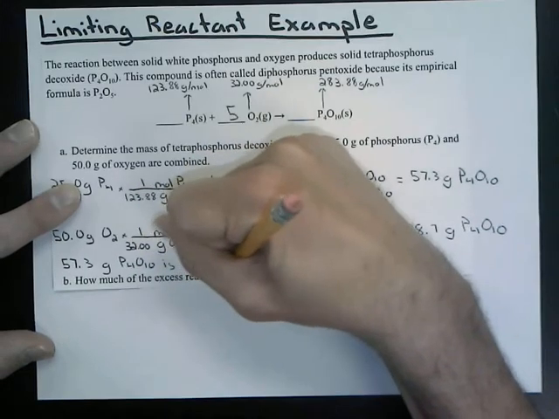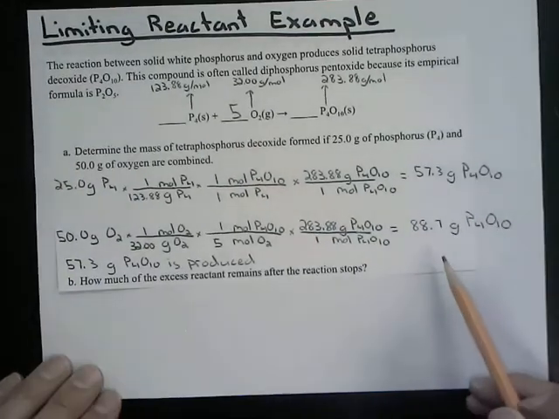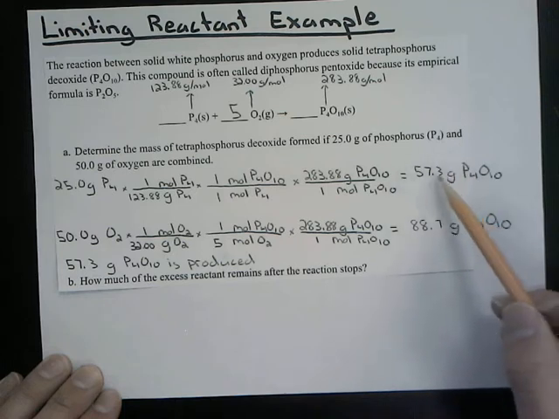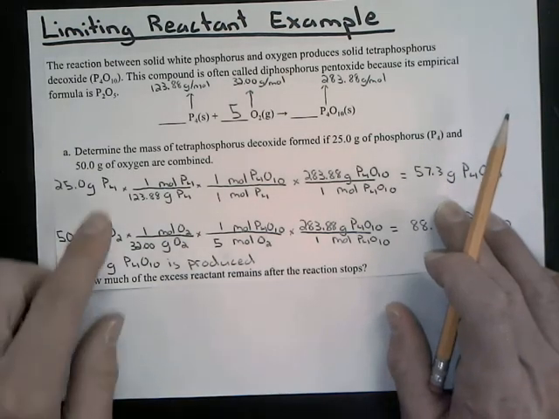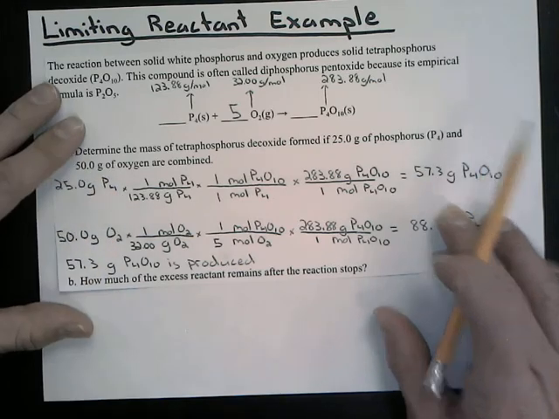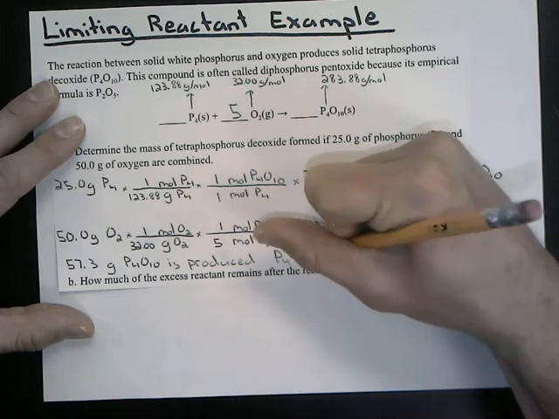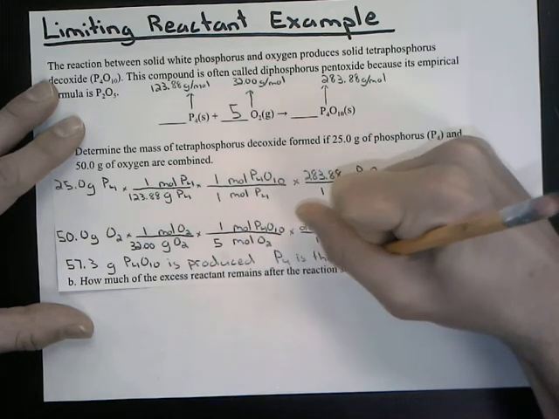Okay, now I want to go one step further. I know the question doesn't ask this, but the substance that produces the smaller number, in this case 57.3, the substance that we started out with, that is our limiting reactant. So P4 is the limiting reactant. I'm going to abbreviate that LR.